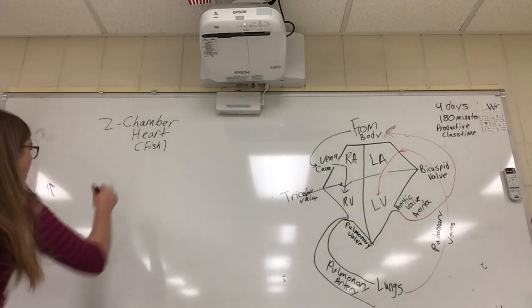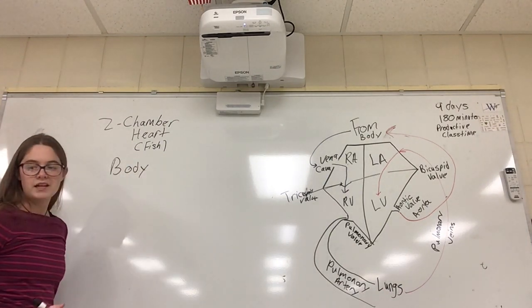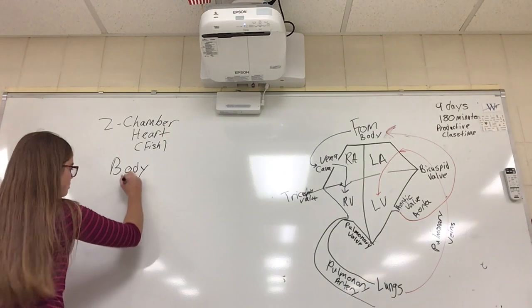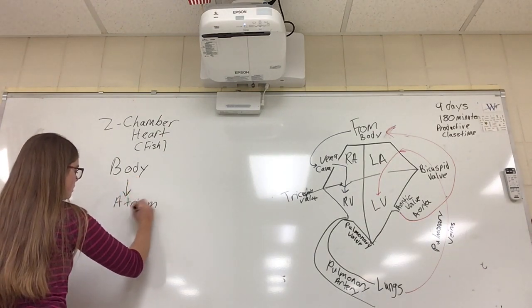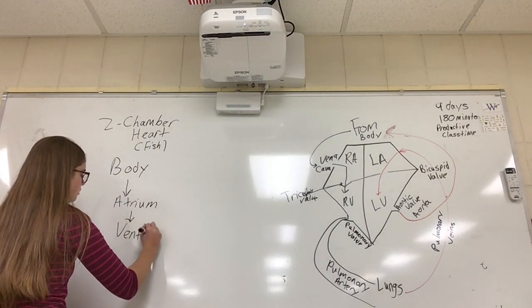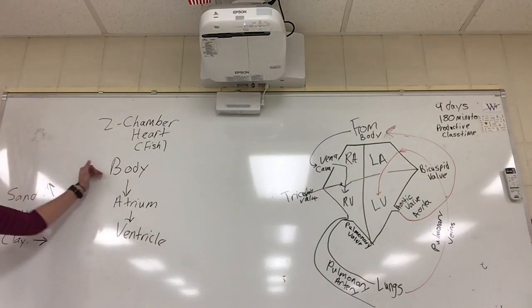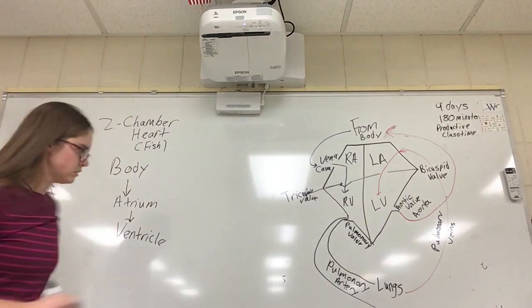So, blood comes from the body. It goes to the atrium. Body, atrium, ventricle. Where do fish breathe? Their gills.